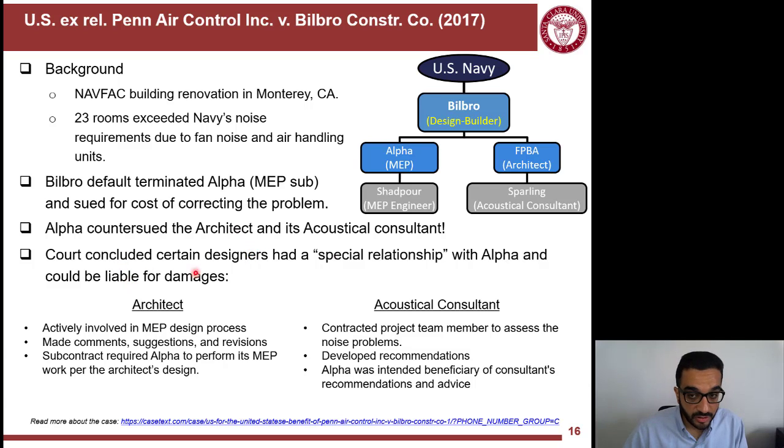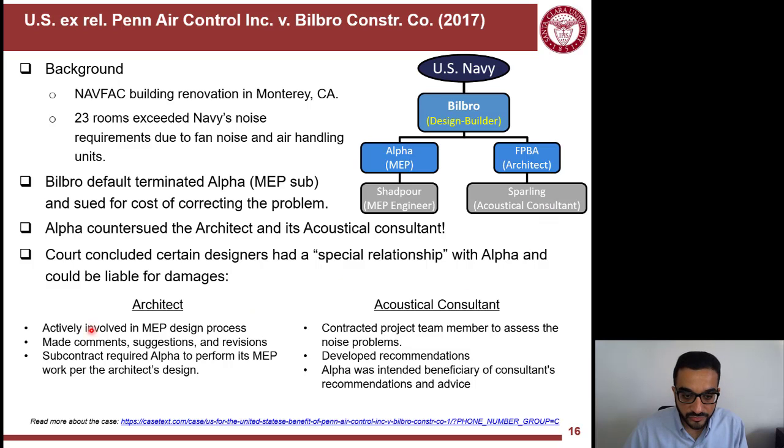Why is that? Because they provided evidence to the court, and the court concluded that certain designers, specifically FBPBA, the architect, and Sparling, the acoustical consultant, had shown a special relationship with Alpha, although there is no contractual privity between them.